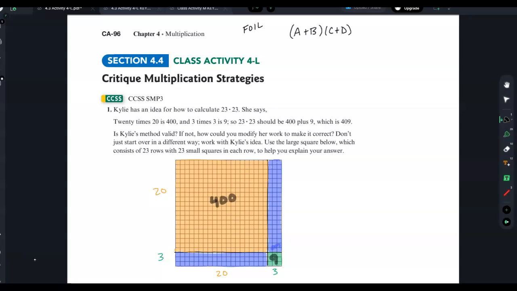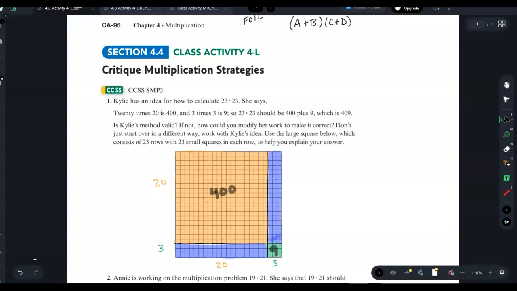And so FOIL stands for first, outer, inner, last. So that means we would use the distributive property to distribute every term in the first parentheses times every term in the second, starting with the first term in each parentheses.